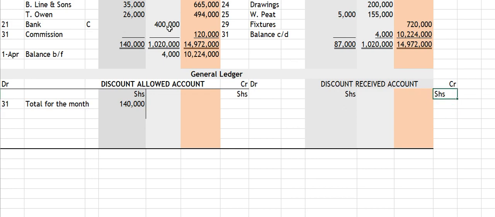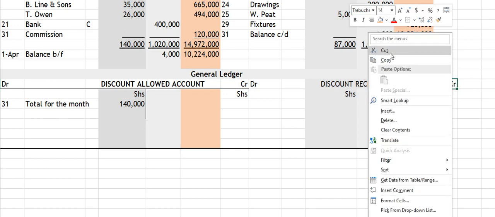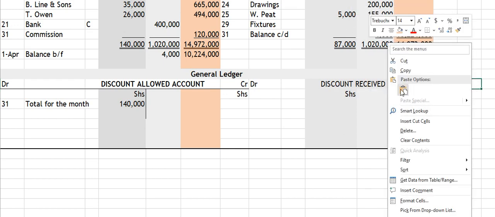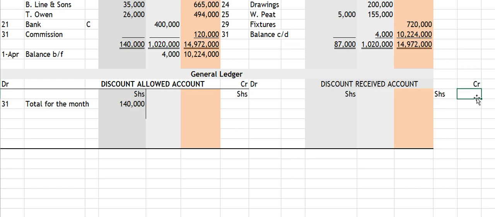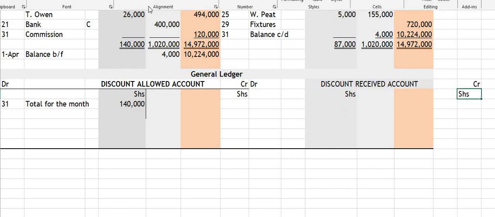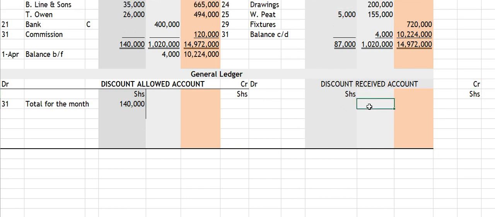Discount allowed is an expense. Discount received is an income. Don't forget, one is an expense, one is an income. If you receive a discount, then that is an income to the business. So the discount received appears under other incomes in the statement of profit and loss.